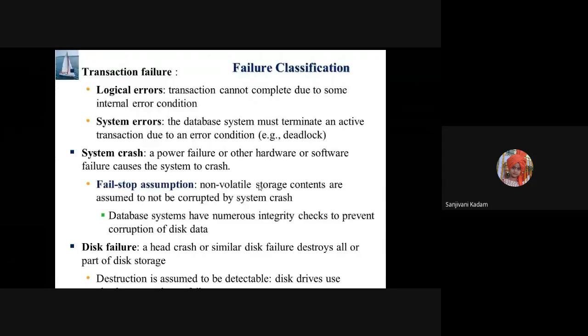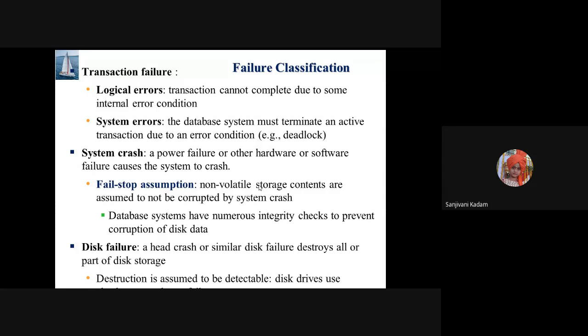Or if there is a deadlock, and because of which my own transaction got selected as a victim and needs to be rolled back. So there is no logical problem, and whatever statements I have written, all these operations are correct and allowed by the database, but because of the system's own problem, my transaction cannot be completed. So system errors also can result in a transaction failure.